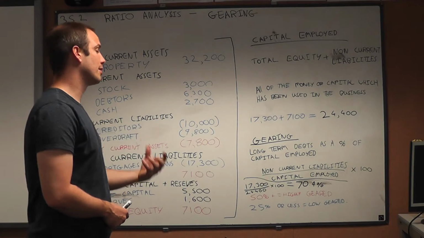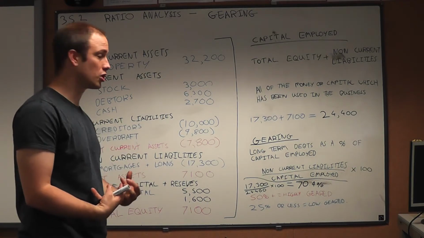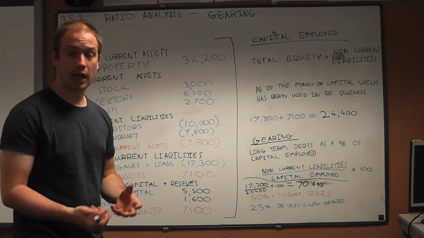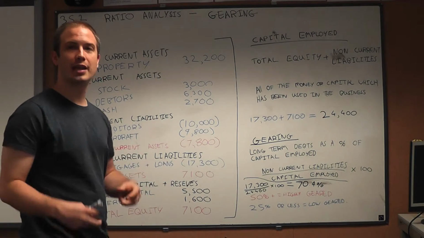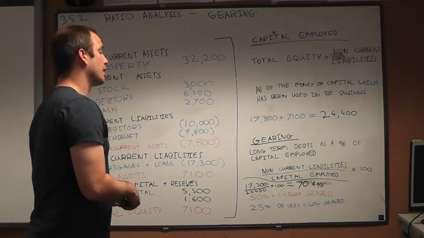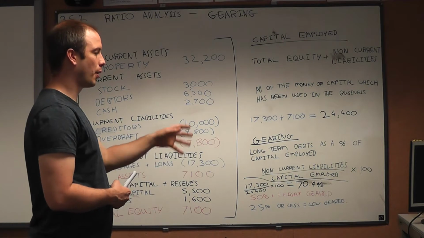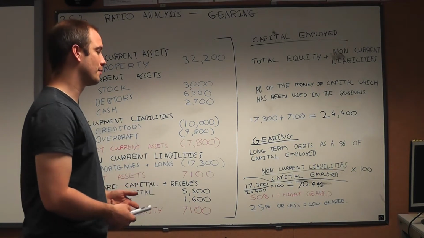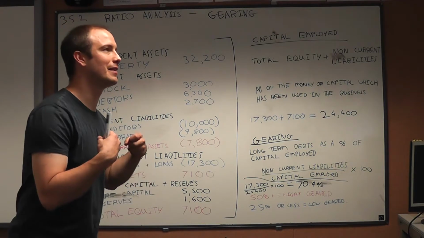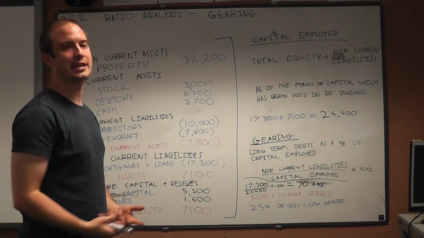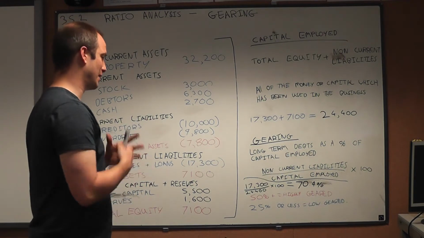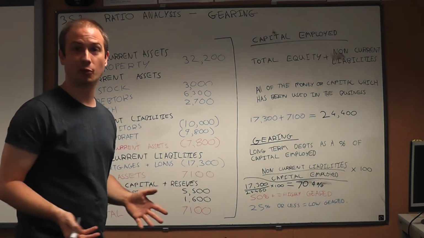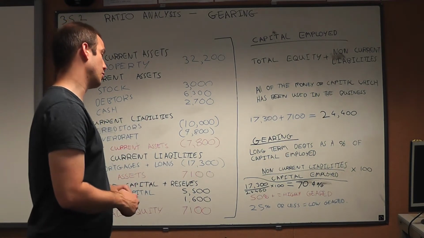It has a large number of assets which it can use as collateral in order to take on more debt in order to fund its expansion. So being lowly geared is not so much a problem as an opportunity that's not being taken fully. It's not using all of the capital available to it in order to expand.